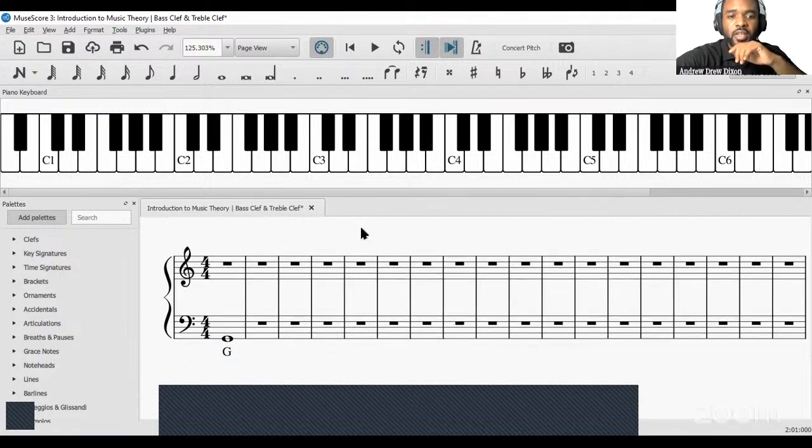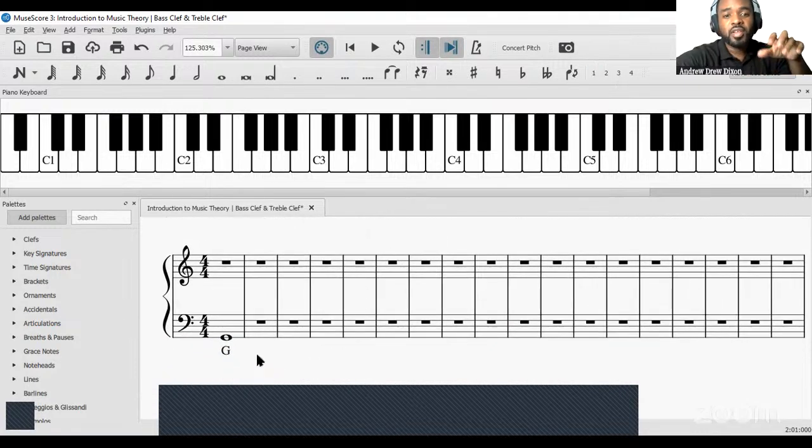We're going to count the lines from bottom to top. We start with the foundation first, like we're building a house. We don't build the roof first and then build on the way down. First, we establish the foundation and then build up. So the first line from the bottom is G. The second line is B.